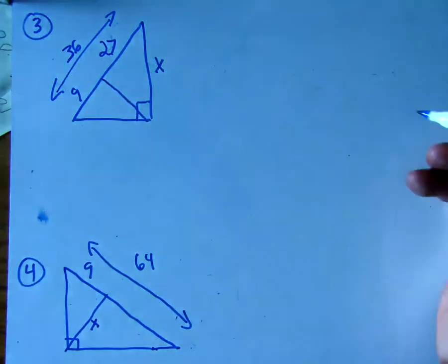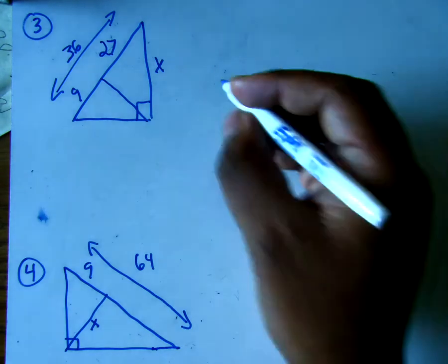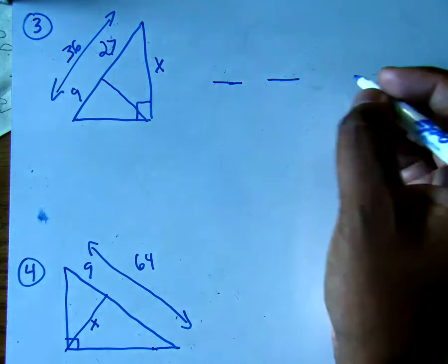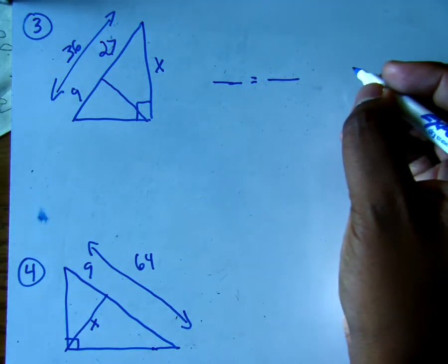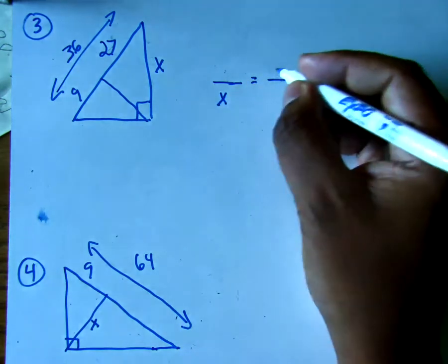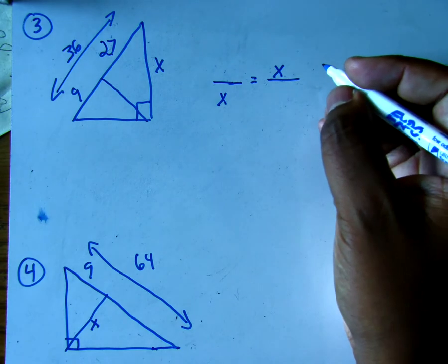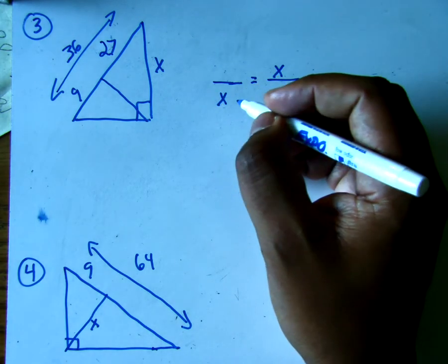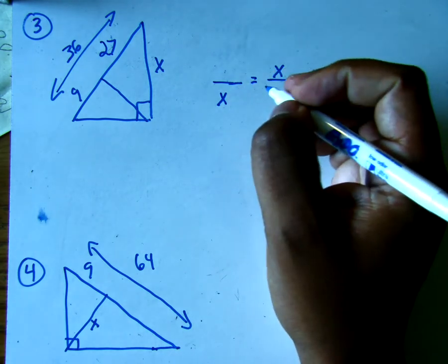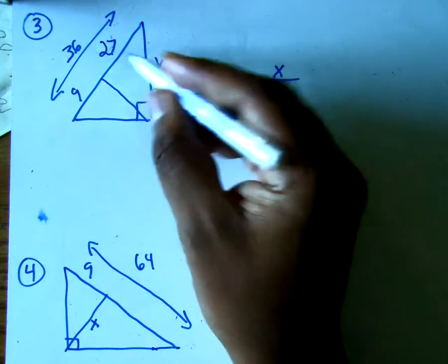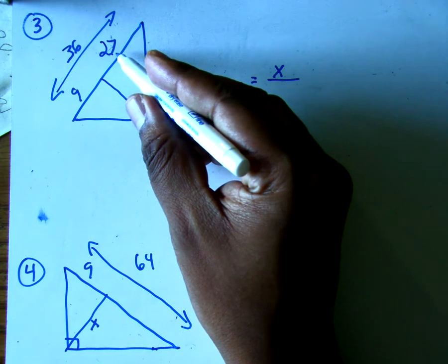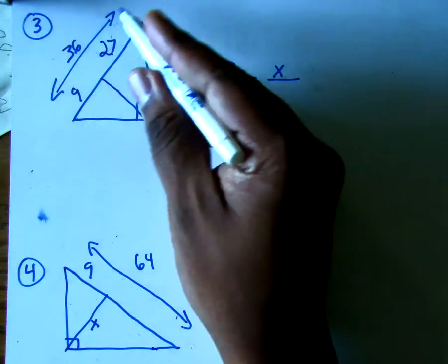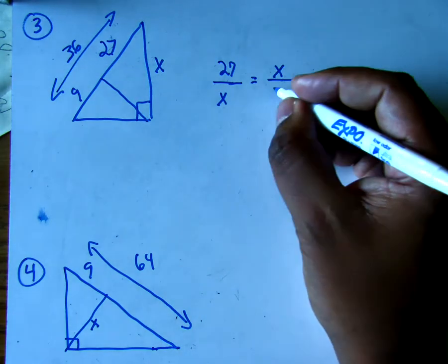Now I'm going to go ahead and start to set up my ratio. I'll set up an x here and an x here, because that's my leg. And then I'll put my values in. I'm going to put 27, since that's the projection from this part of the leg, and the whole hypotenuse, which is 36.